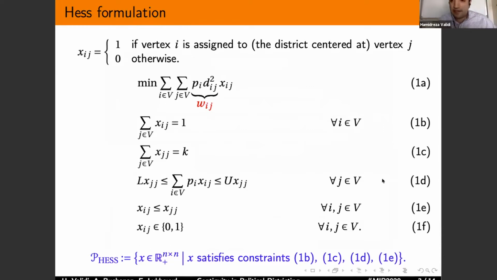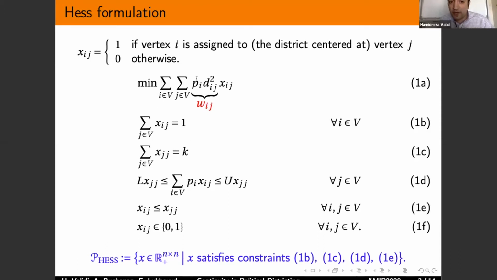Constraint 1d is a population balance constraint, and p_i is the population here. L and U should be very close, because we want to have population balance. They cannot be too far from each other. What we considered in our paper is 1% deviation. And the number of districts is k.